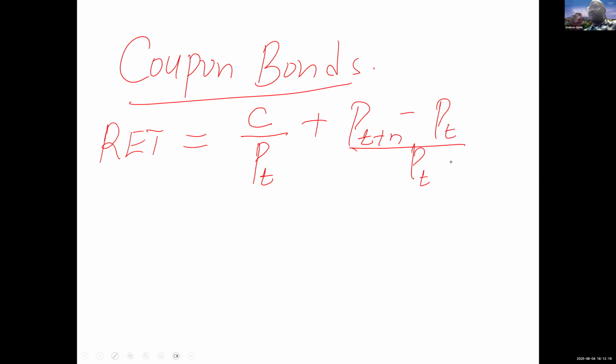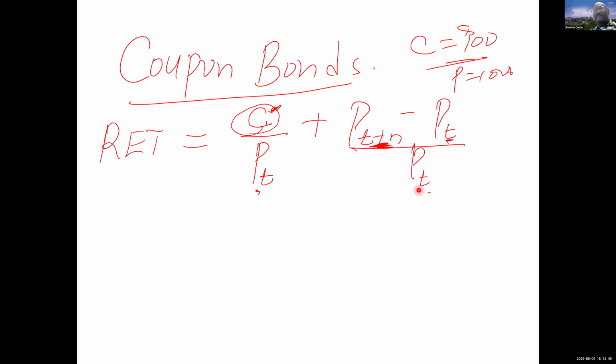So if you bought a 10-year coupon bond and you sold it after 1 year, let's say the coupon payment was $100. And let's say the bond's purchase price was $1,000. So the first part, if you sold it after 1 year, is going to be 100 divided by the purchase price, plus the rate of capital gain, because you're going to be selling the bond perhaps at a price that is different from the price that you bought it for.